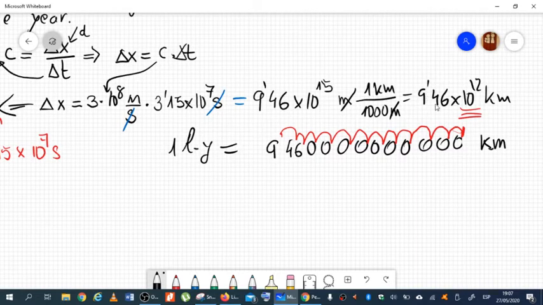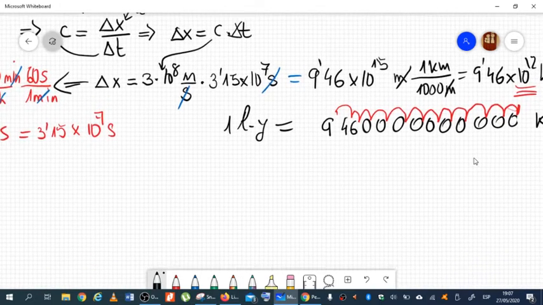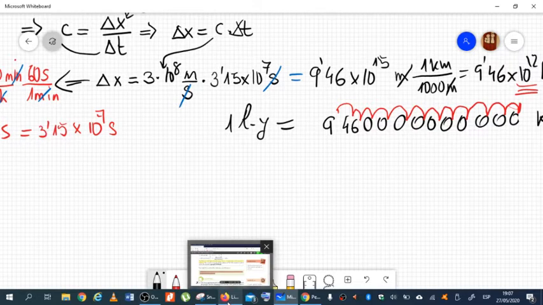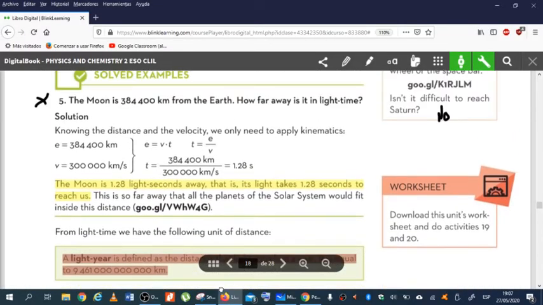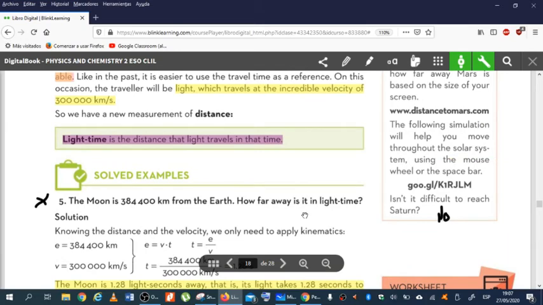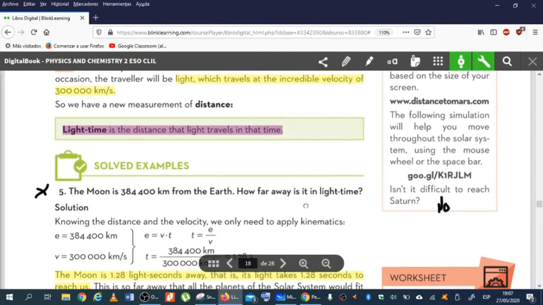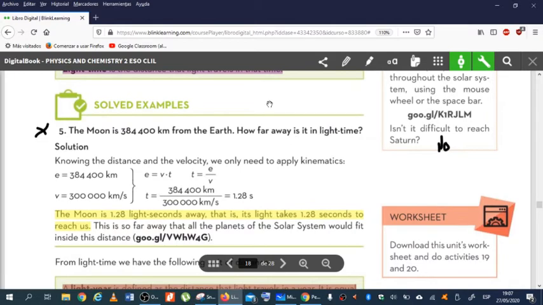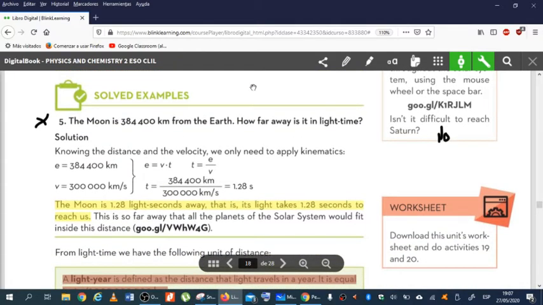The important thing is the order of magnitude is 10 to the power of 12. It is so much. So for large distances in the universe, remember, we use the light year. It is very important. We don't use kilometers or meters or centimeters. It is useless, it is nonsense.